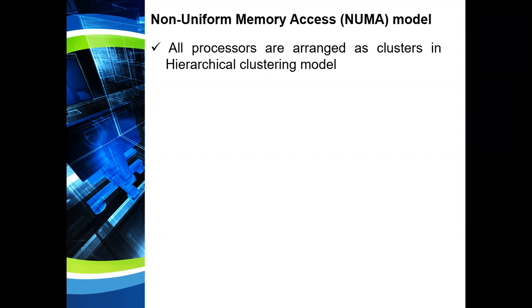I think you have a paper, data mining, and under that there is a concept of clustering. Basically, a cluster means a group. A group of quantity is called a cluster. So under this hierarchical clustering model, all the processors are arranged as clusters, that means groups.